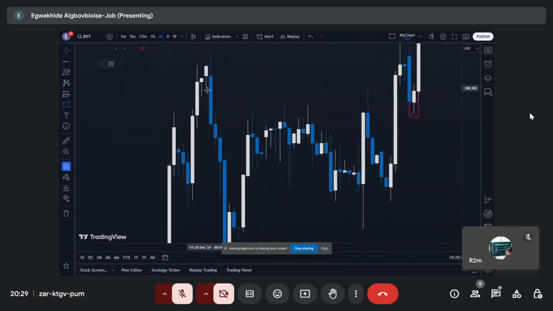So you pick from the wick of this white candle to the wick of this other candle. This current one, you don't touch it, just leave it. Let me use a line. From the wick of this one to the wick of this one, these two wicks here, on the opposite sides, right? That creates a gap in the market.